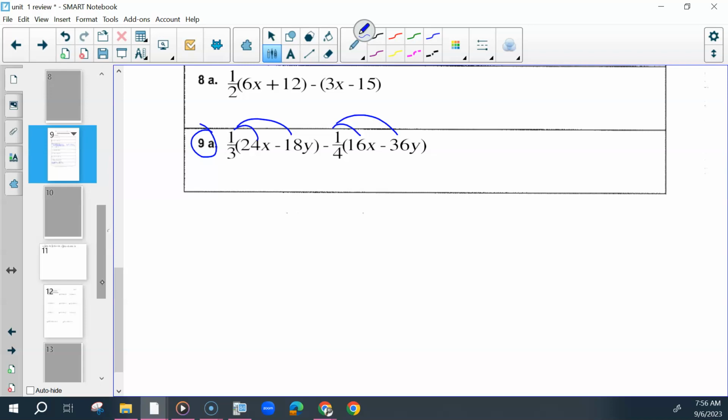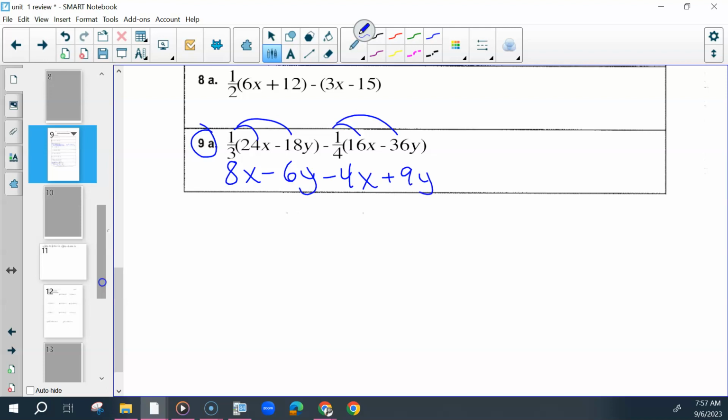One-third times 24x would give us, and multiplying, 8x minus 6y. What would this next part be? Negative times a negative, that would be a positive.